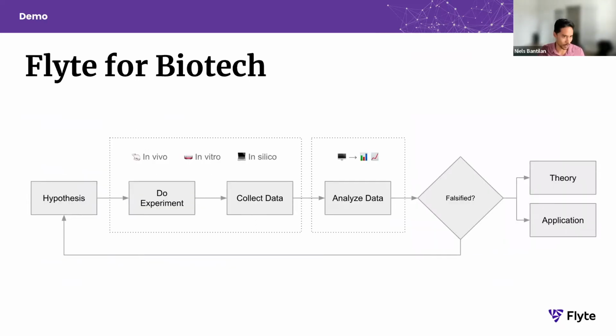So this is just a cartoon of basically the scientific method, but you can look at this and kind of replace different boxes for things that are specific to biology and biotech. You formulate a hypothesis, you do some experiment, you collect data in vivo, in vitro, in silico. And in my experience, most labs will have a bunch of multimodal data, like images, texts, unstructured, semi-structured data.